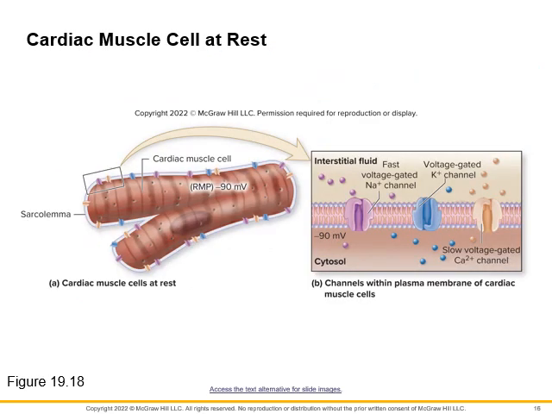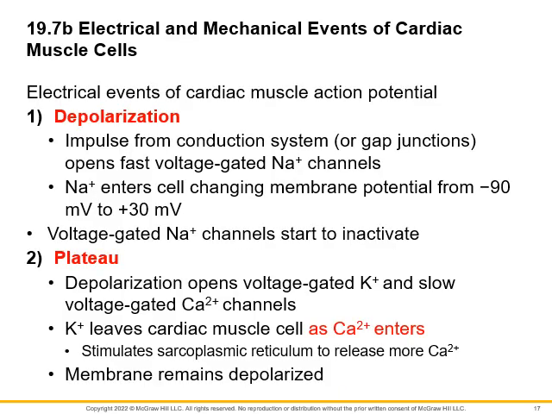So here's the cardiac muscle at rest. They're showing you a sodium gate, a potassium gate, and a calcium channel. During depolarization, the impulse from the conduction system opens the fast sodium channels. The major point here is that sodium is entering and changing the membrane potential from negative 90 to positive 30.